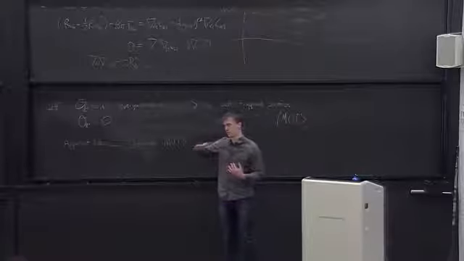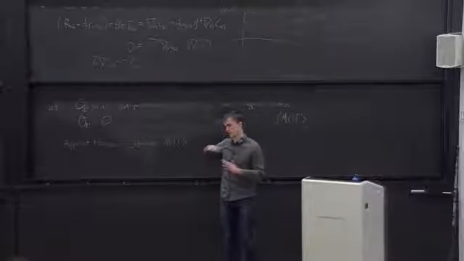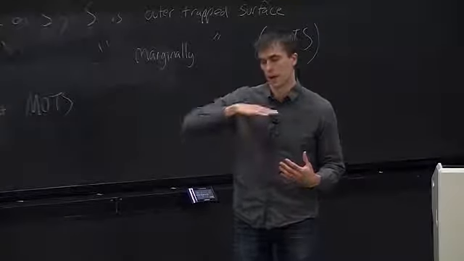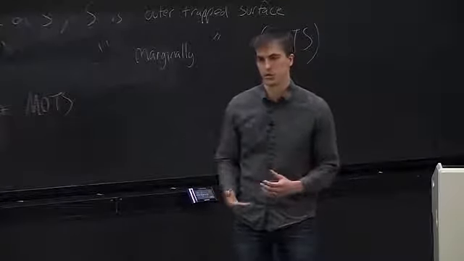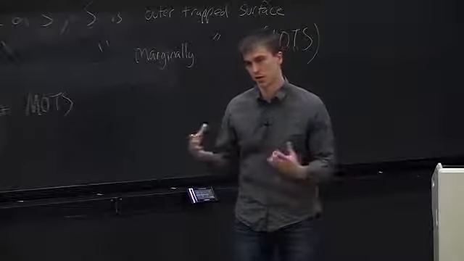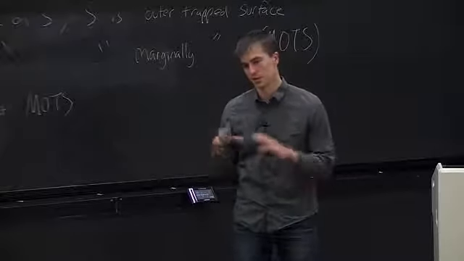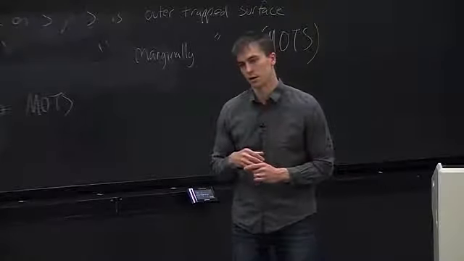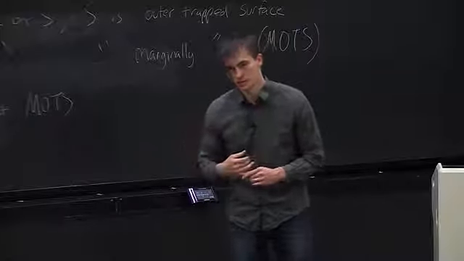That's the slice of basically taking the event horizon and taking a time slice through it. So the apparent horizon basically has to be contained within the section of the event horizon on a given time slice.